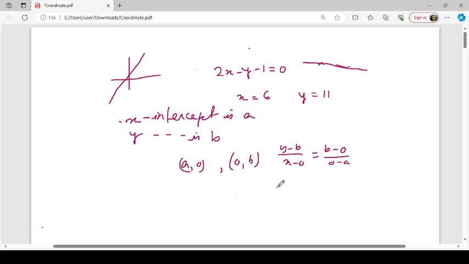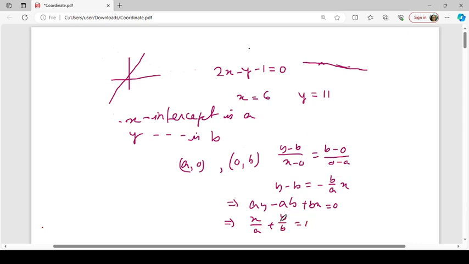After simplification, y minus b is equal to minus b by a x, or we can have ay minus ab plus bx equal to 0, or if we divide by ab, we have x by a plus y by b is equal to 1.